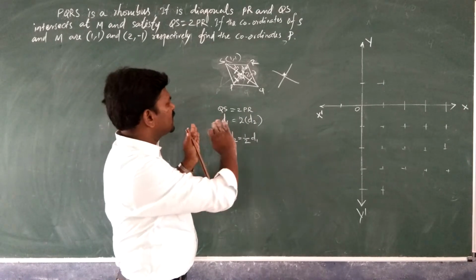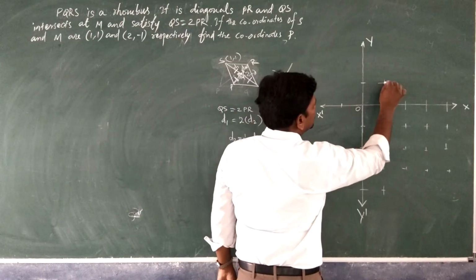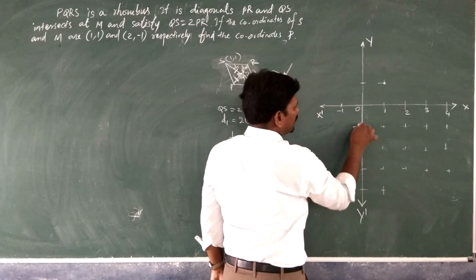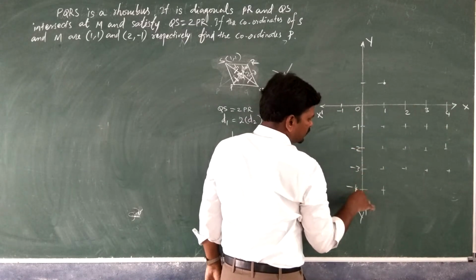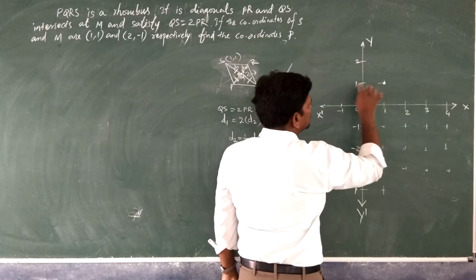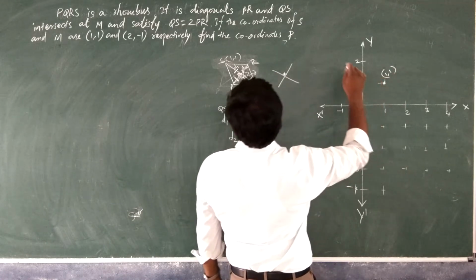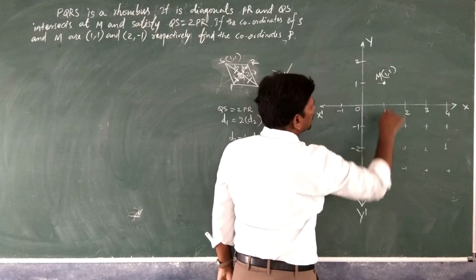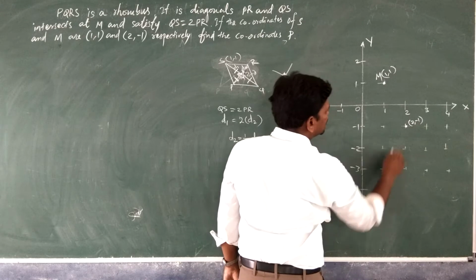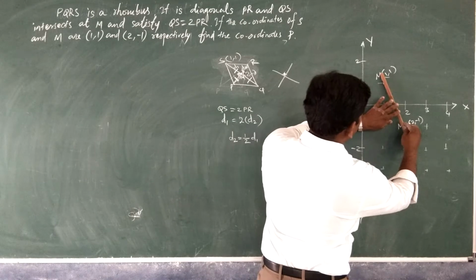Okay, let us take this diagram to the Cartesian plane. So this is 1, 2, 3, 4, and minus 1, minus 2, minus 3, minus 4. This point is 1 comma 1, that is S. Then 2 comma minus 1, this is M. So we have this line.